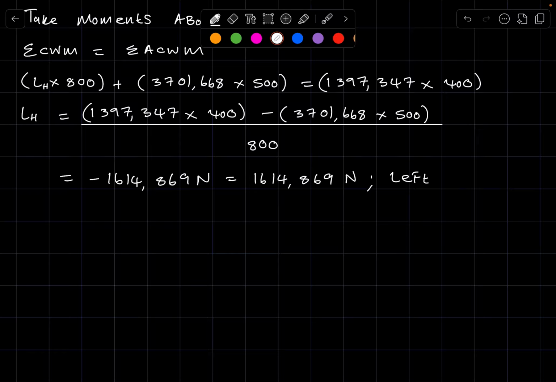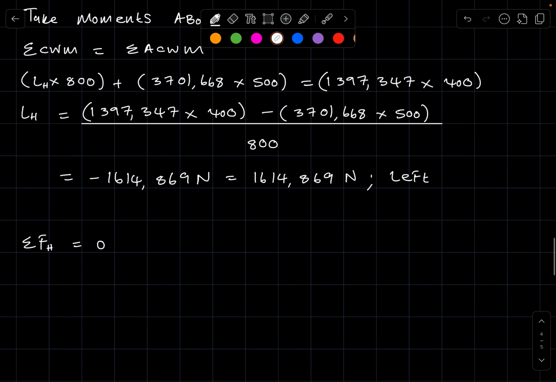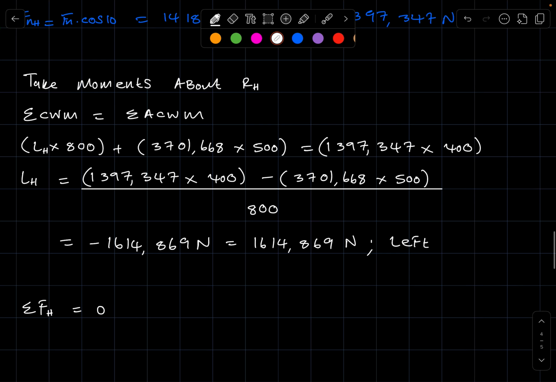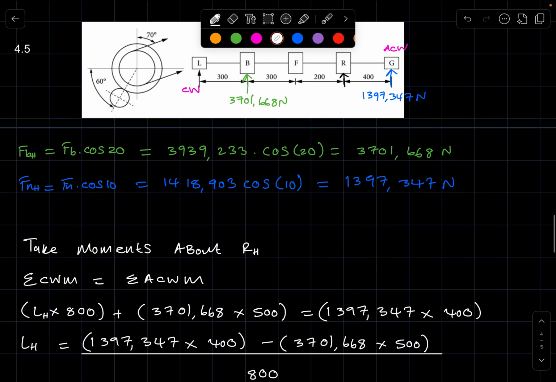Right? Now to calculate RH, we're simply going to calculate the sum of forces along the horizontal plane. Sum of forces along the horizontal plane we know are equal to 0. And now we just simply add all of these forces that are along the horizontal plane.